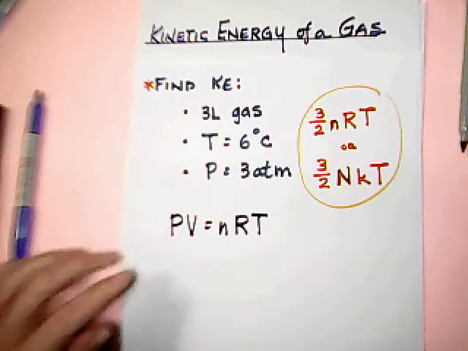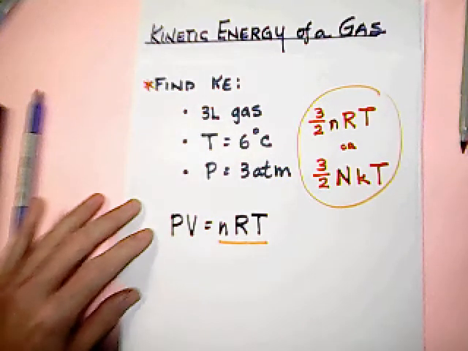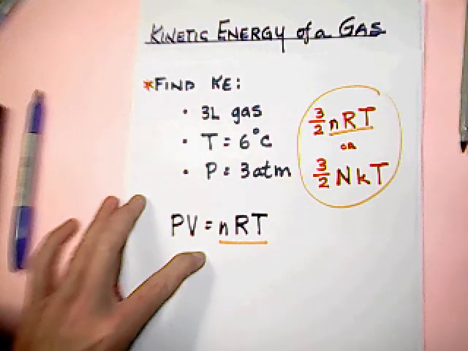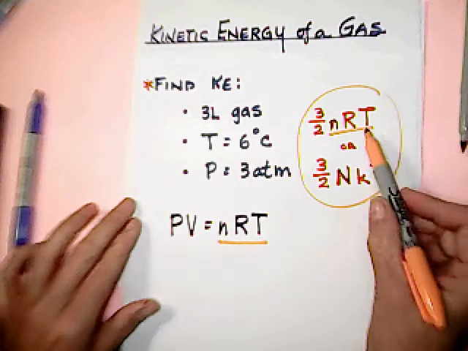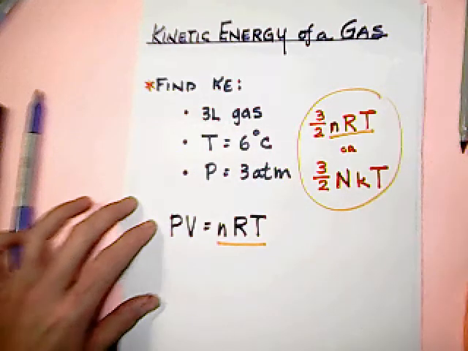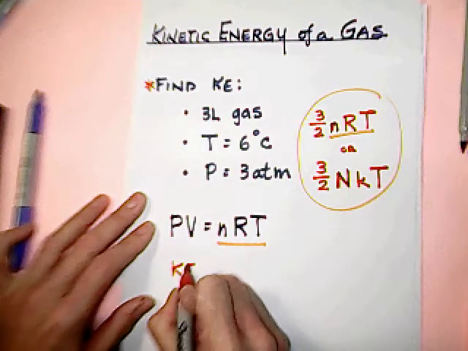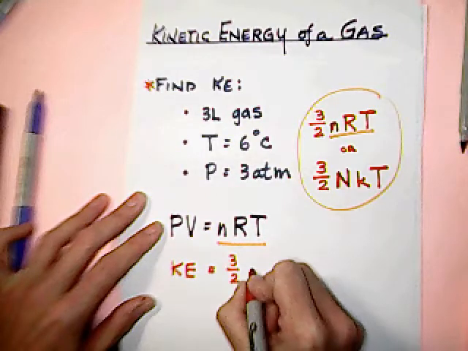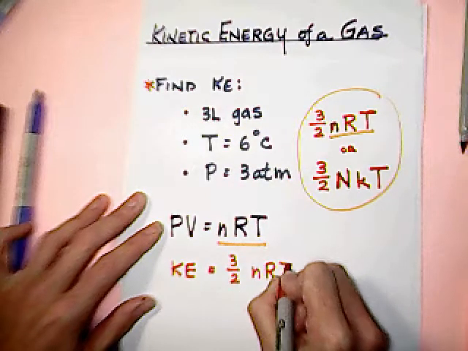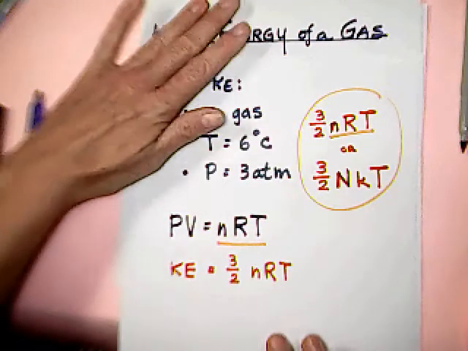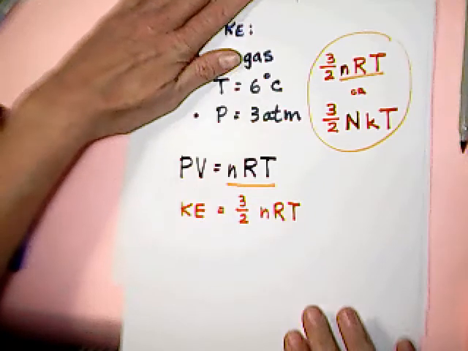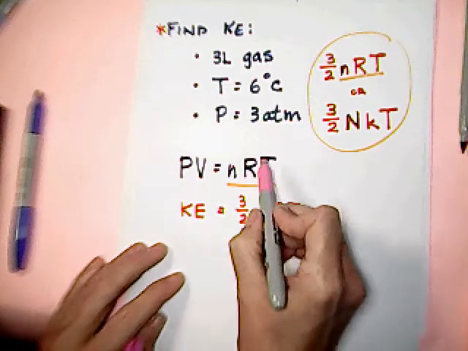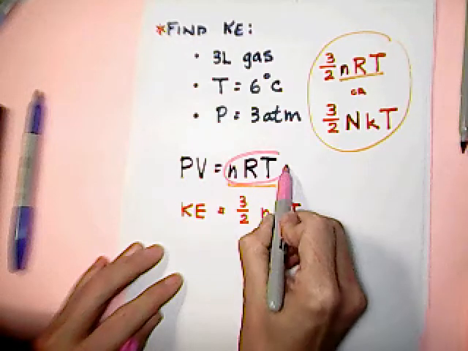Well, I see nRT and I see nRT. If I look at this equation again, so let me rewrite that, my kinetic energy equals 3/2 nRT. I see nRT and nRT.